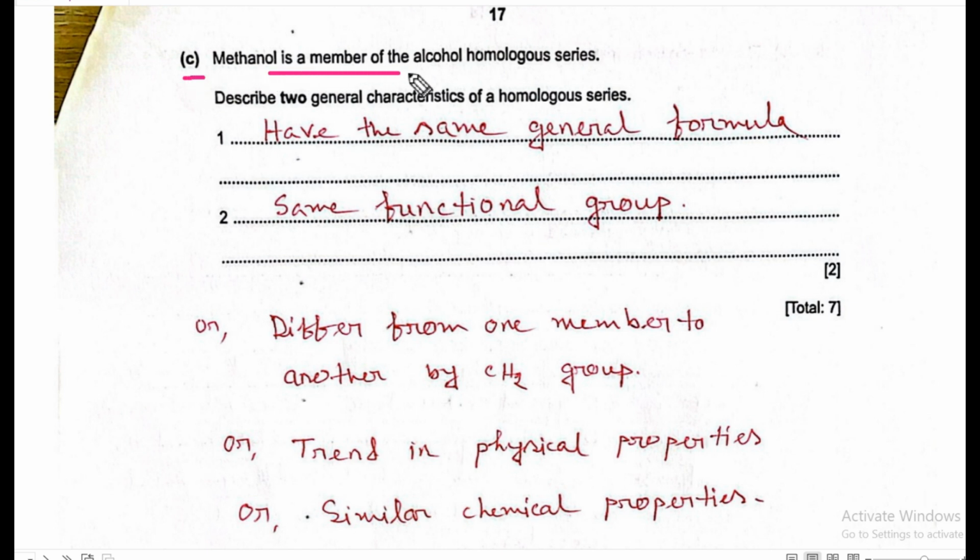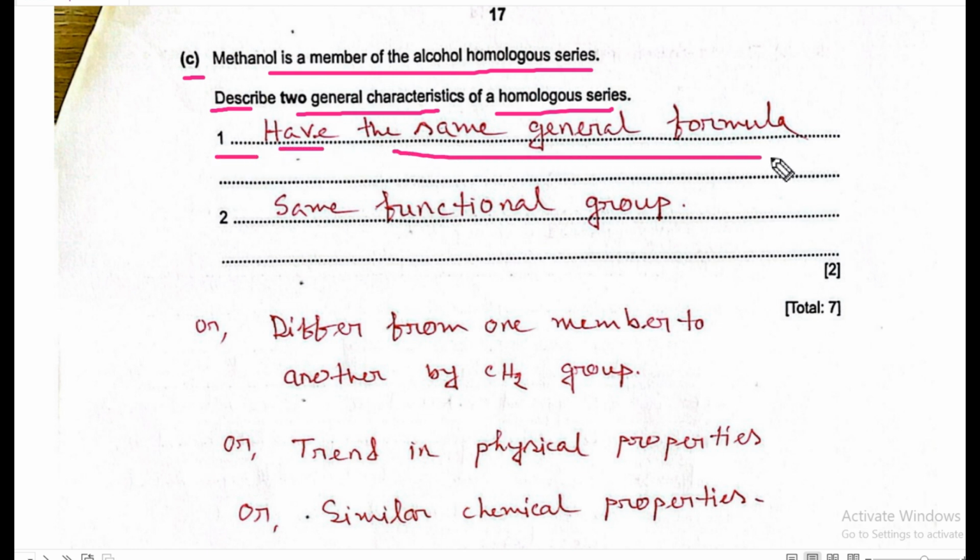Methanol is a member of alcohol homologous series. Describe two general characteristics of a homologous series. You can write have the same general formula, and same functional group.